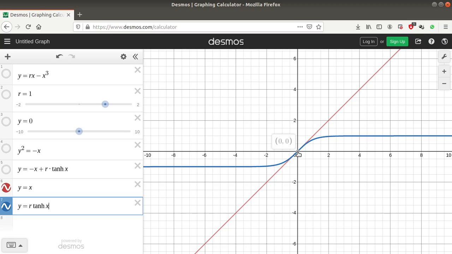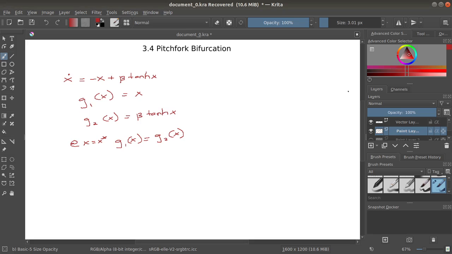Let's impose that condition. At R equal to Rc, g1 prime of x is equal to g2 prime of x.